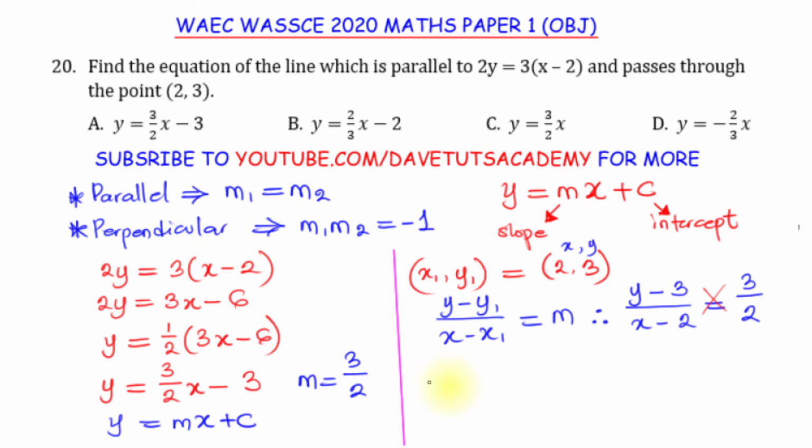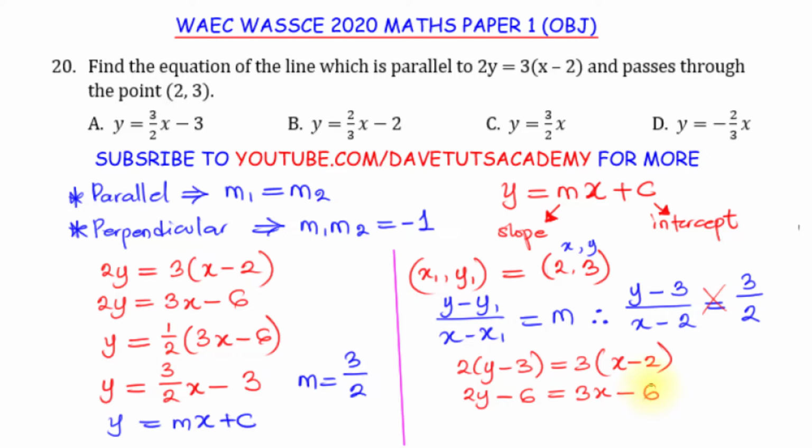So if you want to do that, you can see that we have 2 multiplied by y minus 3 is equal to 3 multiplied by x minus 2. Let's open the bracket. This will give us 2y minus 2 times minus 3 is 6, is equal to 3 times x is 3x, then 3 times minus 2 is minus 6.